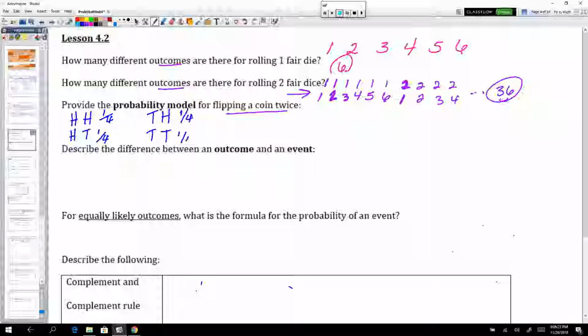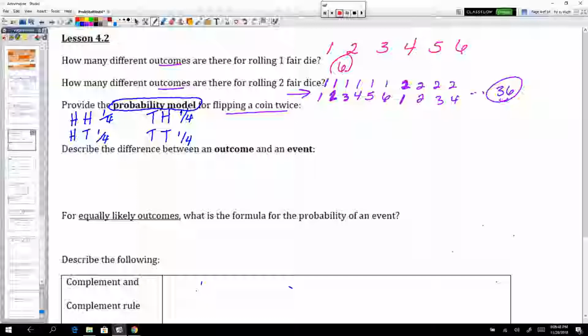And tails tails is 1 out of 4. If you are to list all the different outcomes and the probabilities that each would happen, you have created a probability model. Okay? A probability model is a list of all the different outcomes and the probability of each of those happening. Okay, so this is a probability model.